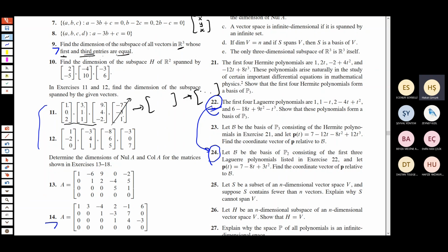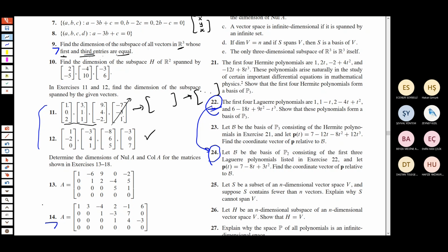If the number of vectors is bigger than the number of entries in the vector, you can say directly they are linearly dependent. Therefore, in at least one of the columns there is no pivot position, which means that one of the vectors in here is unnecessary. Therefore, the subspace can be obtained by just using the vectors including the pivot position, and the number of pivot positions will also be the dimension of the subspace.